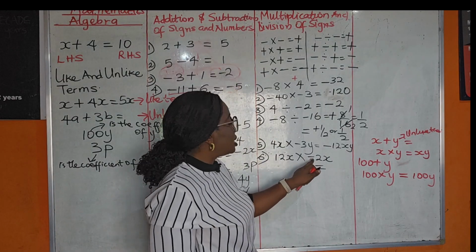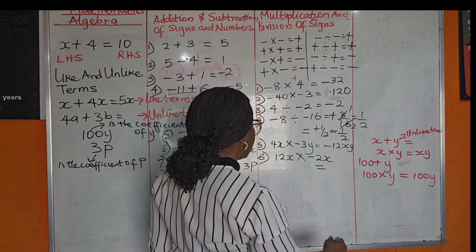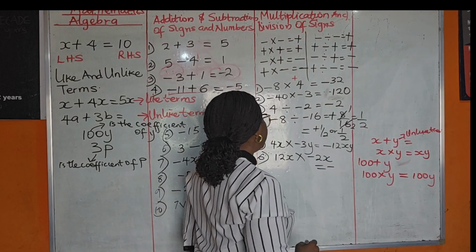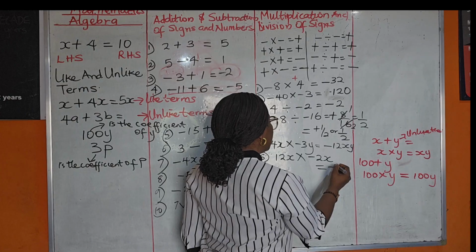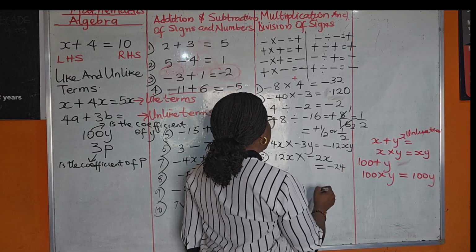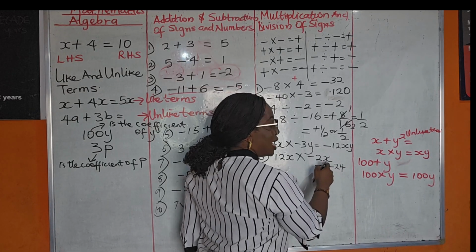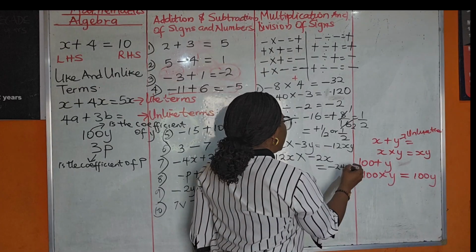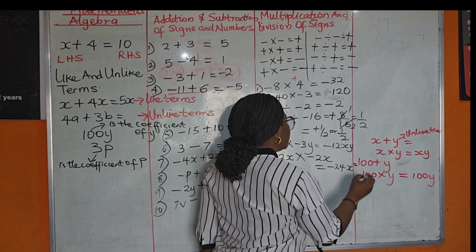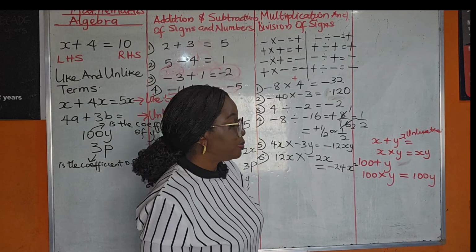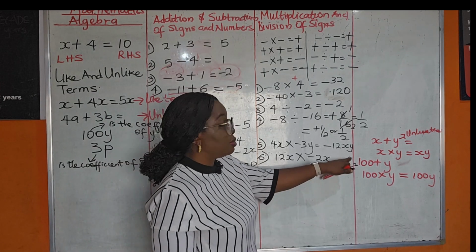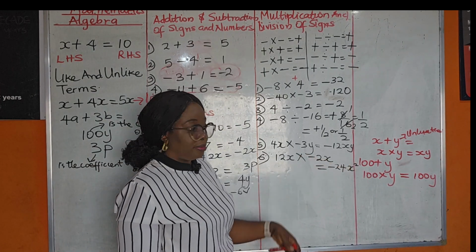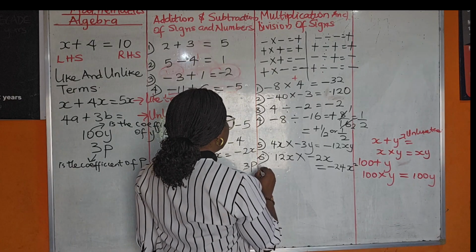So plus times minus gives us what? Minus. 12 times 2 is what? 24. X times x is x squared, x raised to the power 2. So our answer becomes minus 24x raised to the power 2. You see the steps?